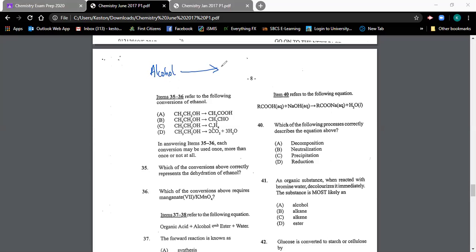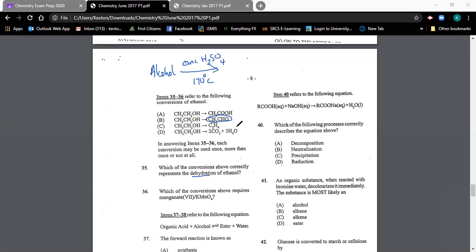I'll give you a hint, it's unsaturated. Use concentrated sulfuric acid and heat to 170 degrees Celsius and it produces... nope, not D. We aren't burning it, we're dehydrating it. B.